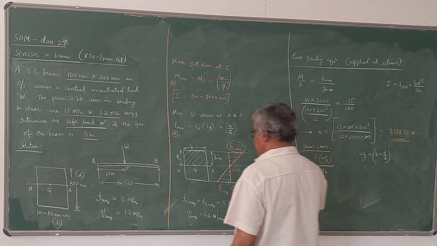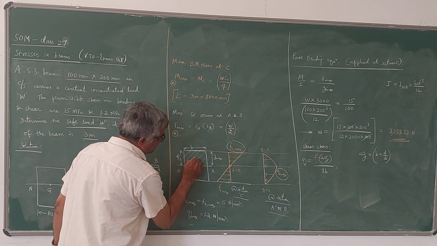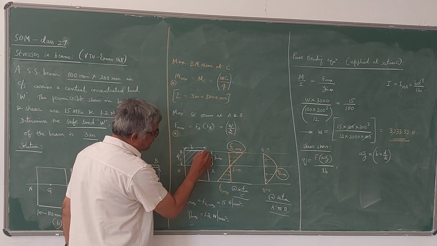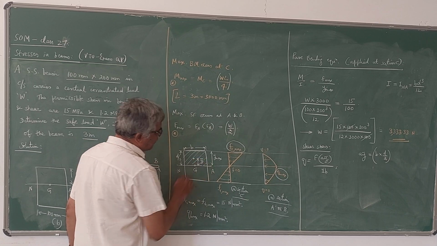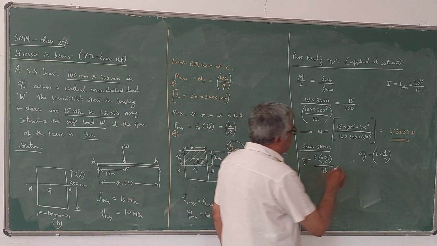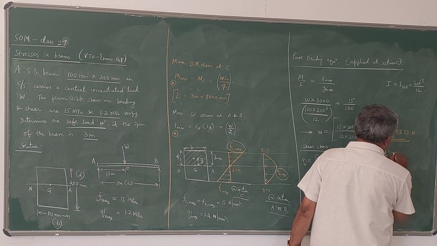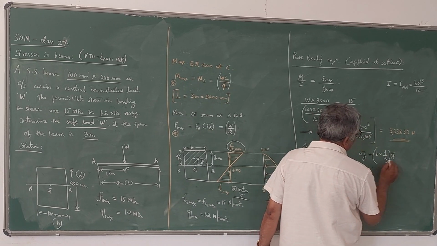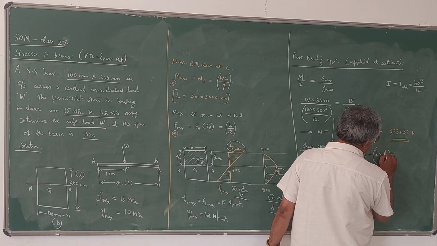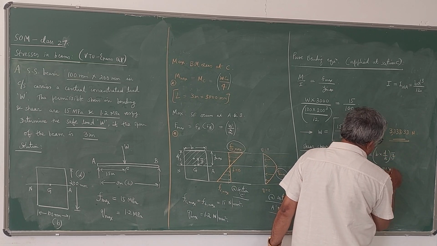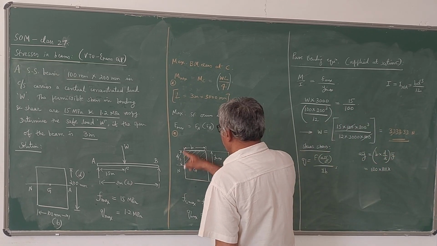Y bar is the distance of the centroid of this. If you look at the centroid of this shaded area, the distance of that centroid from this edge is Y bar. So b into d divided by 2 into Y bar. So b is 100, d is 200 divided by 2, which is 100 once again. Y bar is half of d by 2.